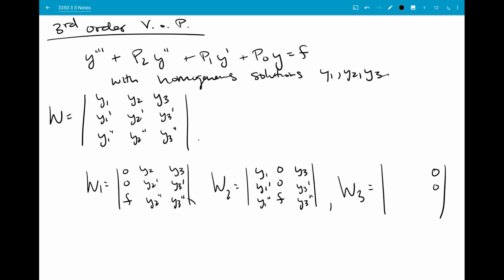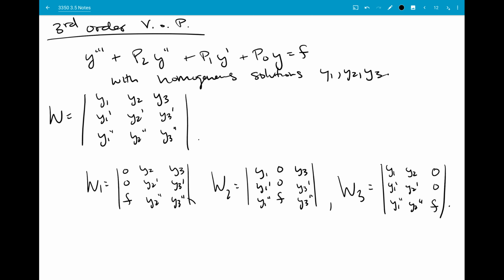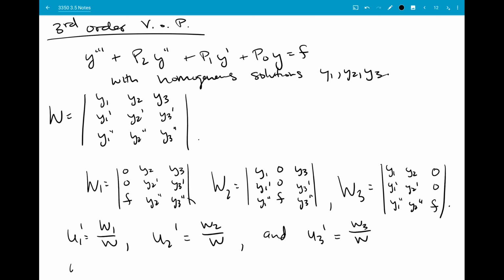And W3, your third column, the one with the y3s, becomes 0, 0, f, but everything else stays the same. And so you'd have u1 prime is W1 over W. u2 prime is W2 over W. And u3 prime is W3 over W.